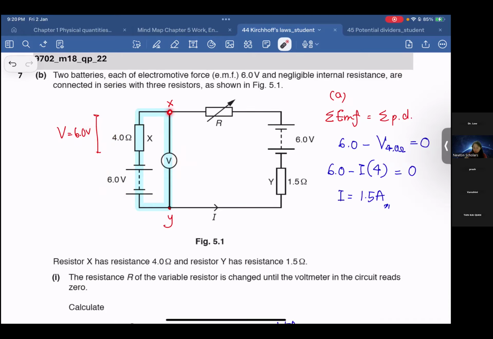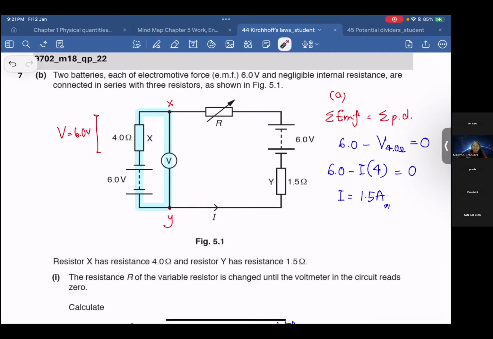We get 0 volt because this resistor uses up the whole 6.0 volt. So 6.0 volt minus 6.0 volt, we have no voltage left. So when we put the voltmeter here, we measure 0. Vashini, correct. So the battery provides 6.0 volt to the resistor.